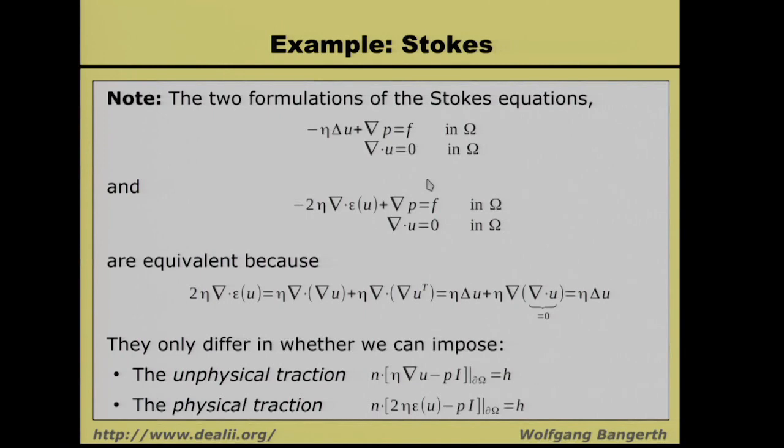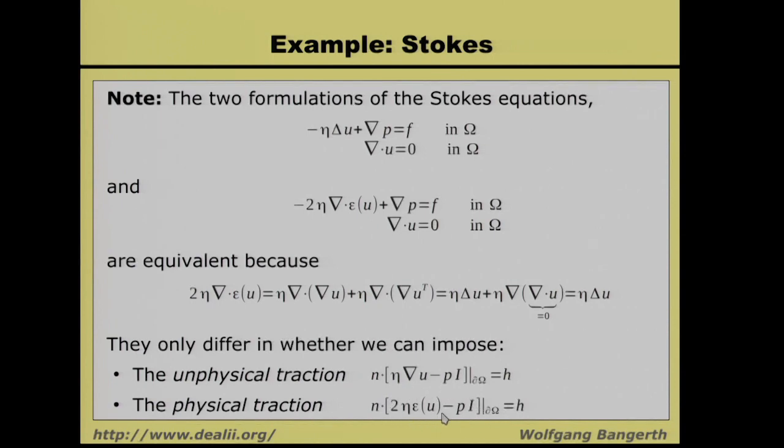So what you find is that in the domain itself, the two equations are actually the same, right? This term here in the domain yields exactly the same term as we have up here. And the only difference is in the boundary conditions that I can impose. So for the first equation, I can impose this boundary condition, whereas for the second equation, I can impose this boundary condition here.